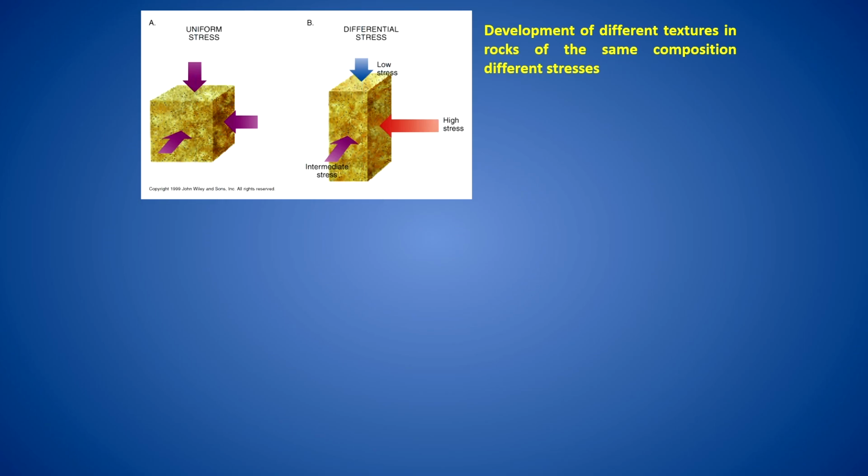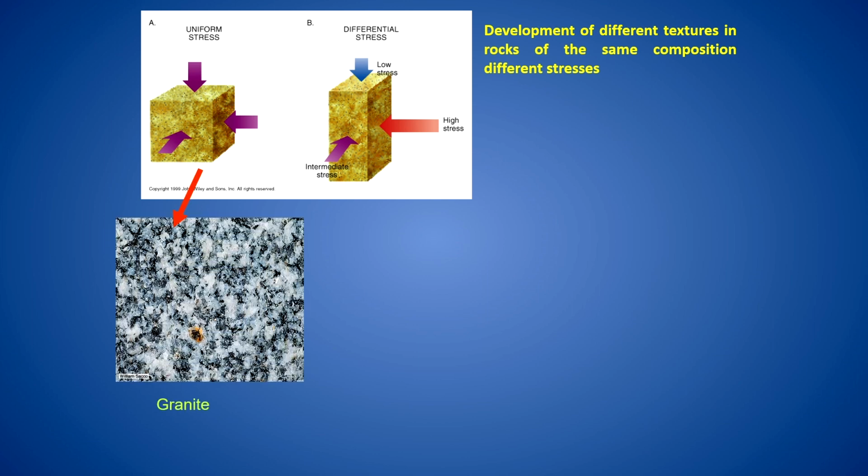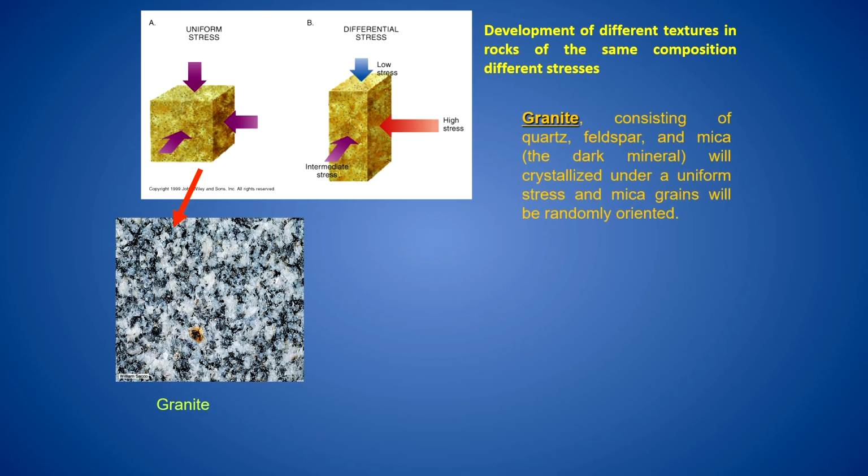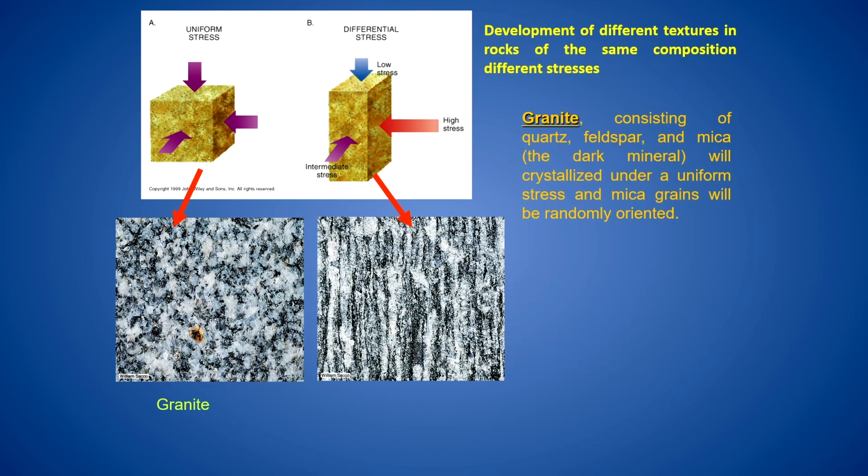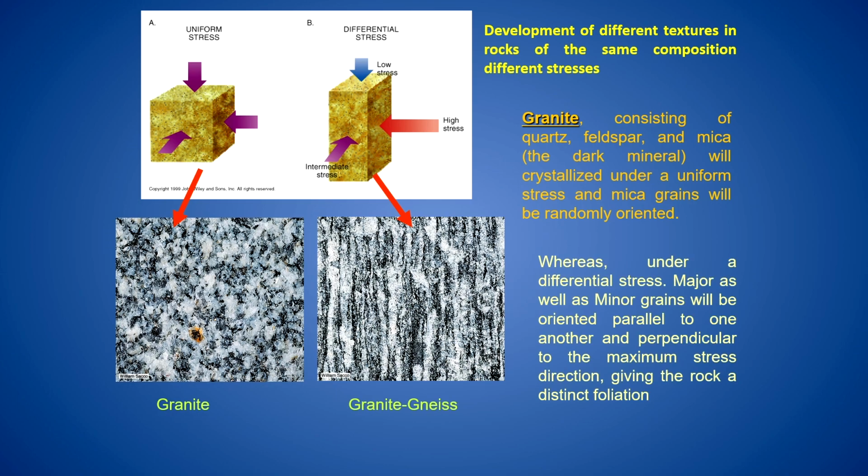So, for example, the development of different textures in rocks is also indicative of the direction of different stress conditions. For example, you have granite here, which doesn't show at present any preferred orientation of the minerals, but later when it has been put under a unidirectional stress, you will see a clear-cut alignment or orientation of major and minor minerals.